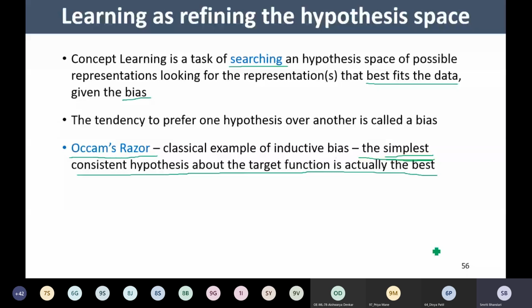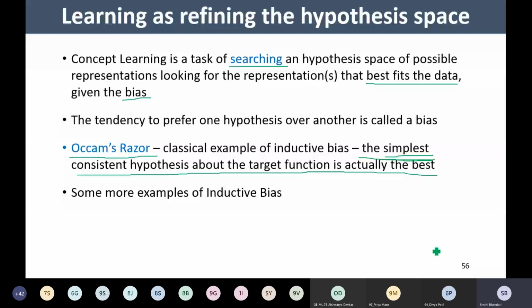It is not always necessary to come up with some complex function or complex hypothesis as a model for learning the data, but it usually suffices to come up with the simplest consistent hypothesis that fits our data well. That is what Occam's razor says.